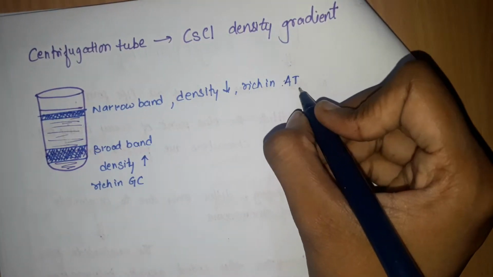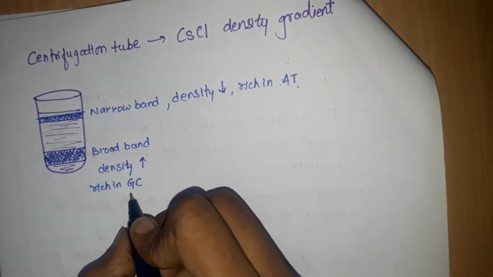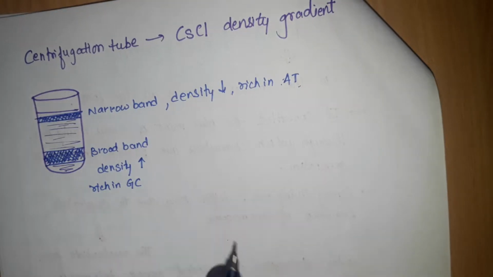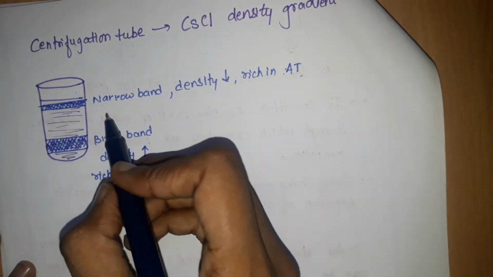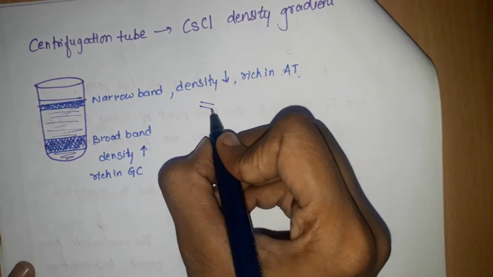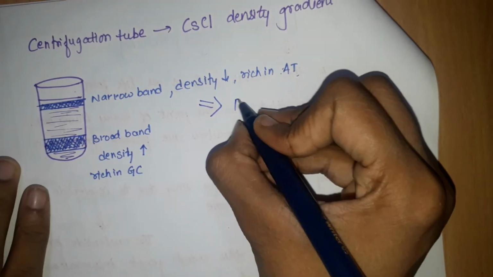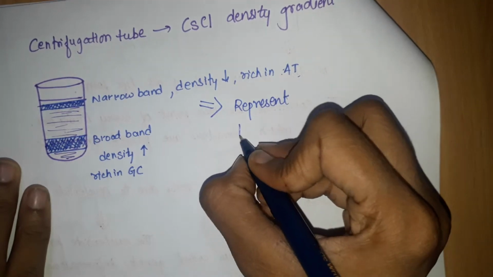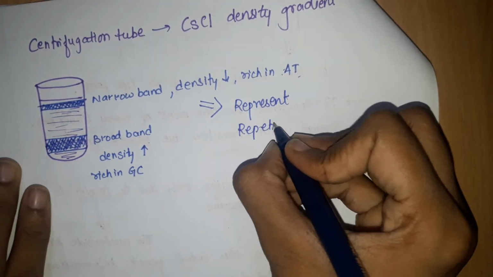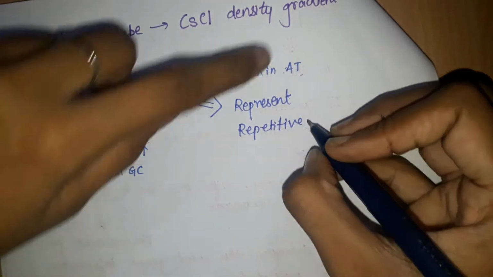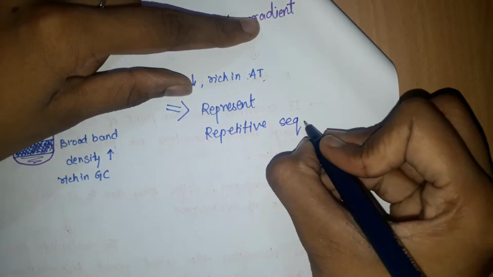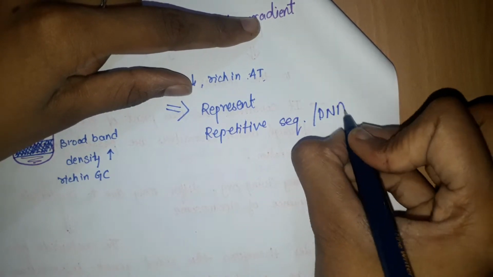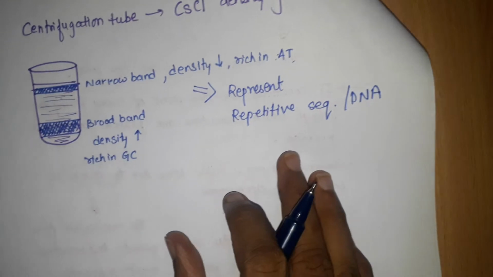A for adenine, T for thymine, G for guanine, C for cytosine. Okay. This narrow band will represent repetitive sequence or repetitive DNA.